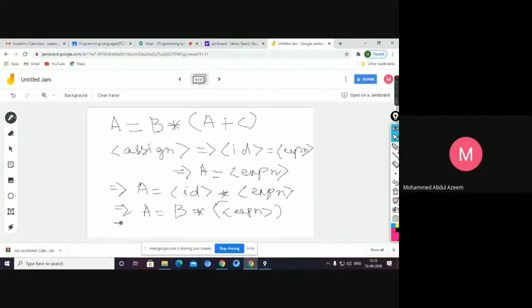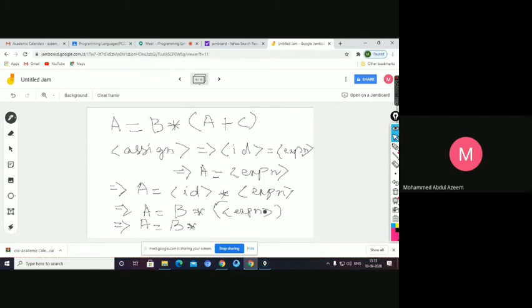Now in the next statement, I say A equal to B into, now within this parenthesis I have expression. So again I have to expand this expression because it is a non-terminal, right?